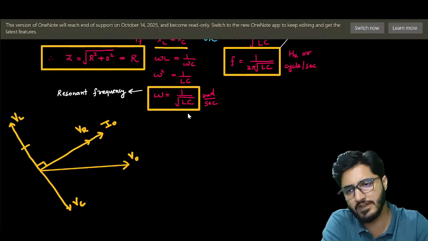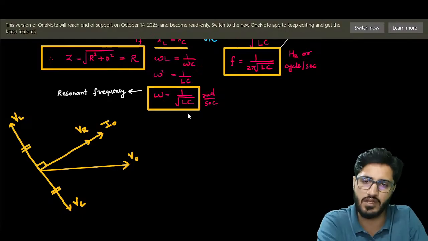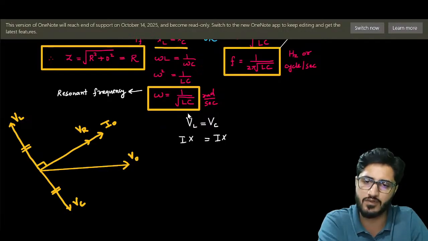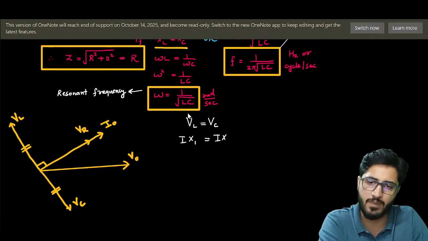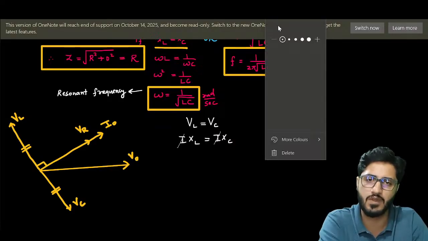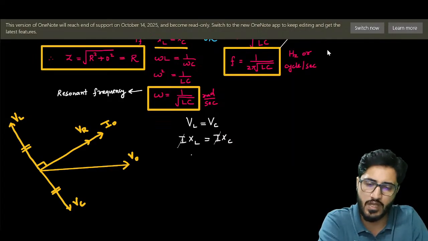If VL equals VC, I can write VL equals VC. VL is I times XL and VC is I times XC. Now we can cancel out this I with this I. So XL equals XC.